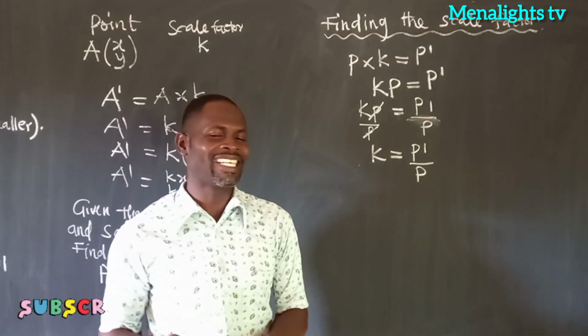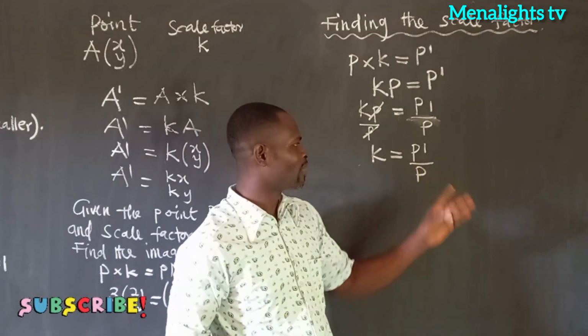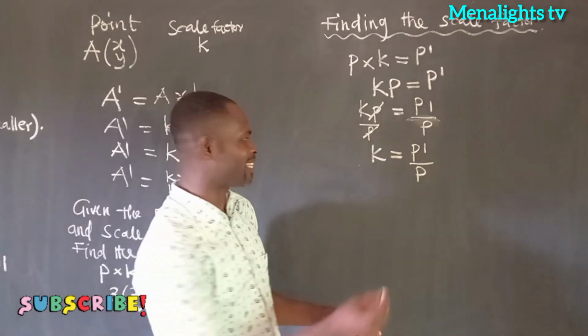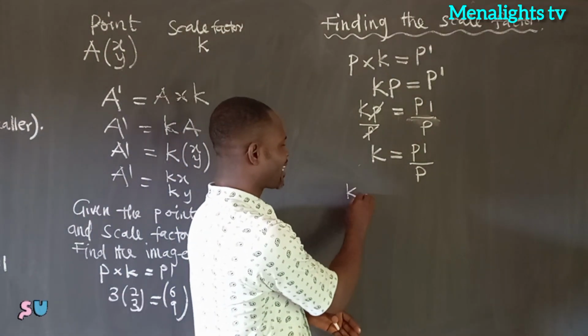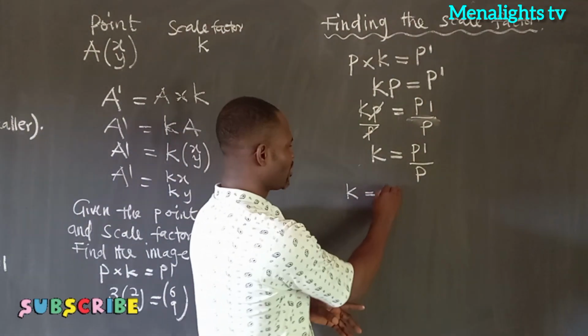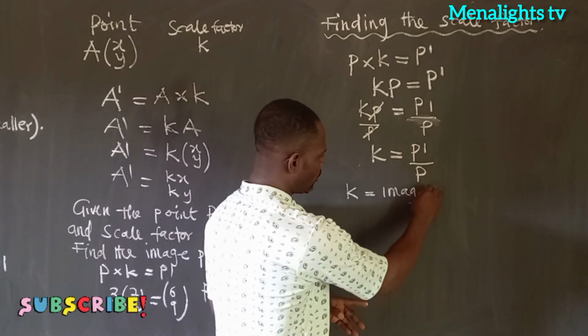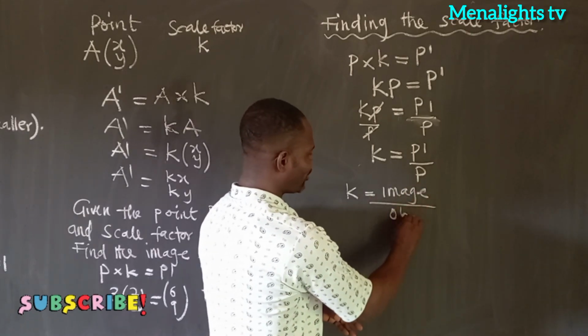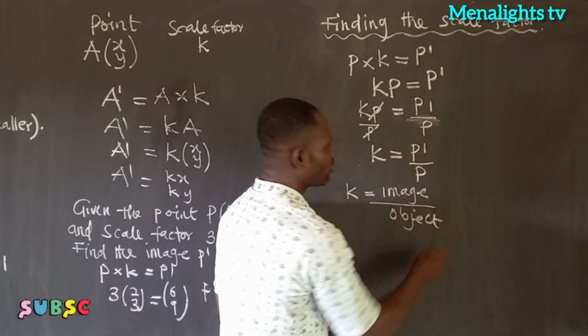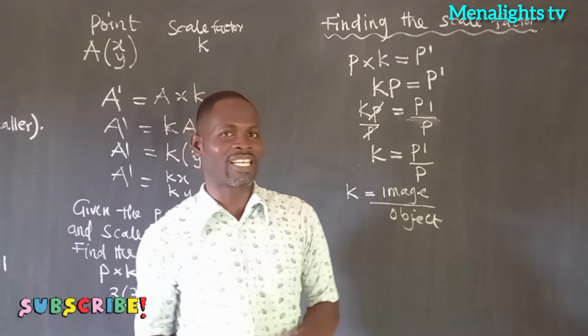Now the P1 is the image and the P is the object. So you can say that scale factor K is equal to image over object. The image over the object will give us the scale factor.